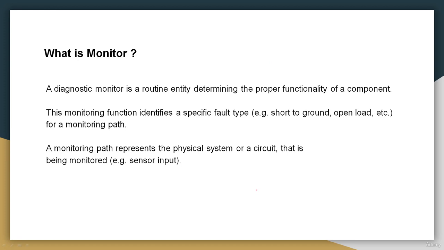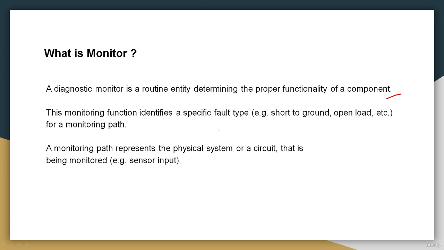What is a monitor? A diagnostic monitor is a routine entity determining the proper functionality of a function. So, speaking in terms of code, a monitor is nothing but a function which monitors a certain specific functionality. So maybe we will be monitoring a signal, and based on the signal value, we can determine if it is working properly or not.